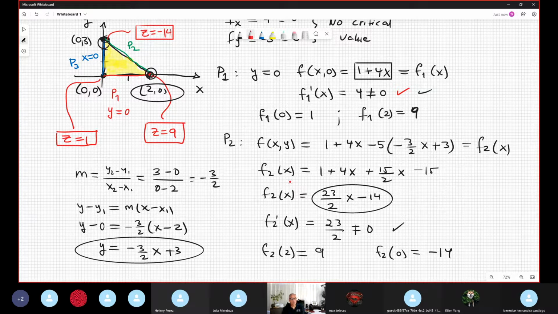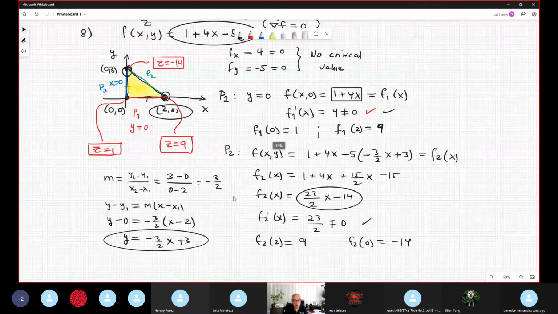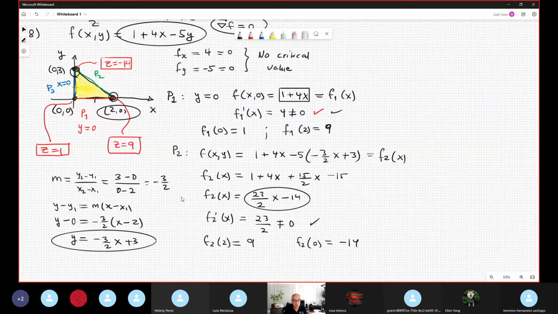Okay, now why not? To make sure everything is clear, I travel along path 3. Path 3 is super easy. Path 3 is under the supposition that x is 0.